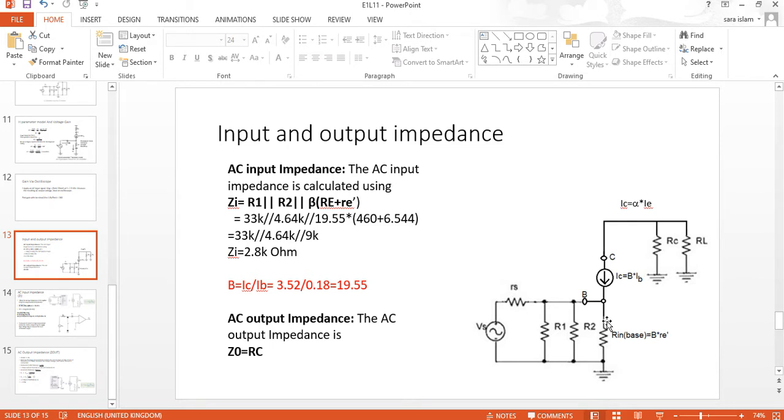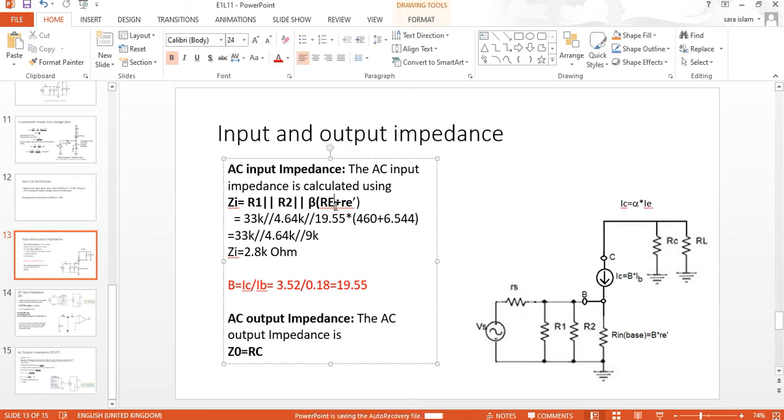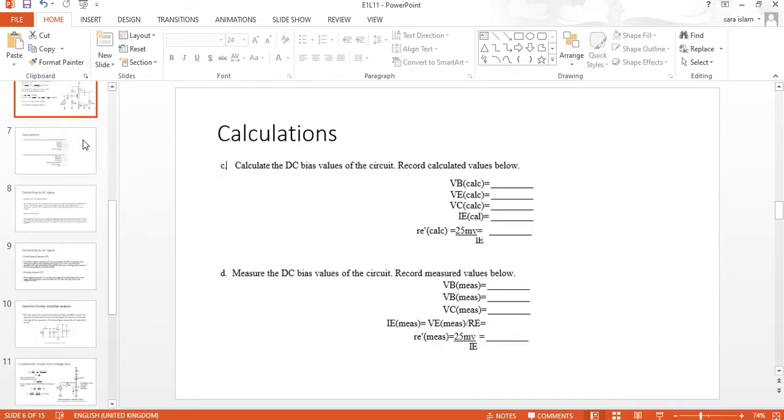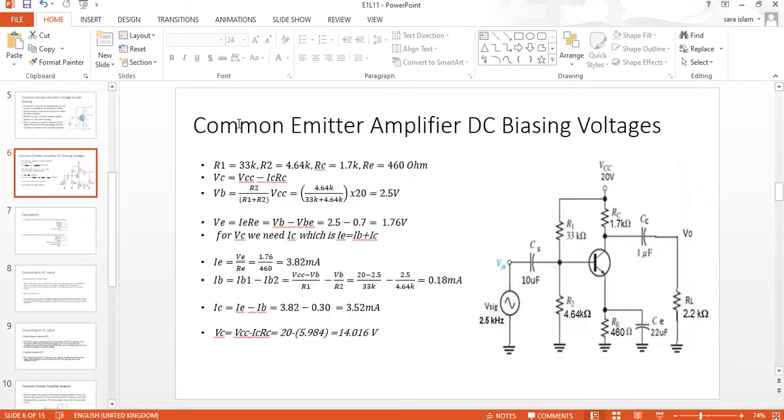But if there is an Re present here, we are going to consider it as well in this input impedance calculation, because when we are calculating impedances, we consider the DC sources equivalent to 0. So we would not bypass it here; we take Re plus re naught. Re is 460 for this specific experiment, in the third part.